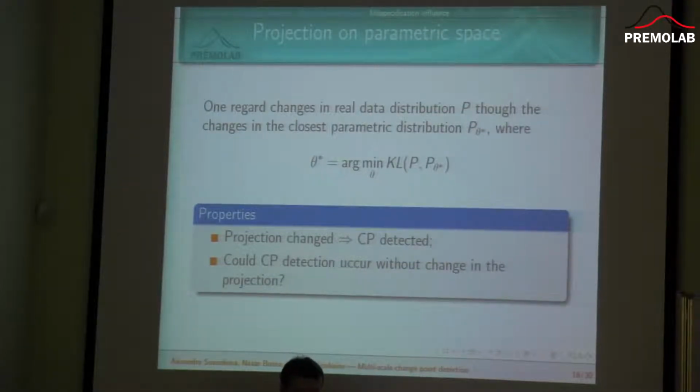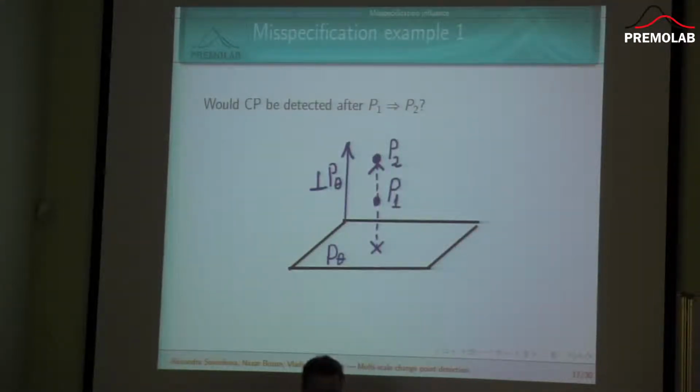But what if the projection didn't change, but at the same time we change an orthogonal part of the distribution? Will we find the change point if we live only in this parametric family?